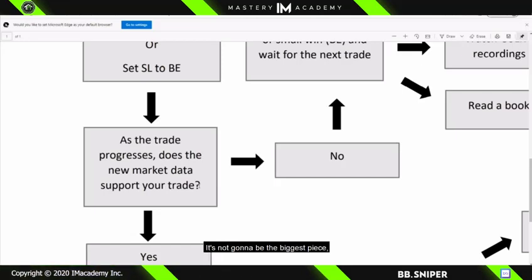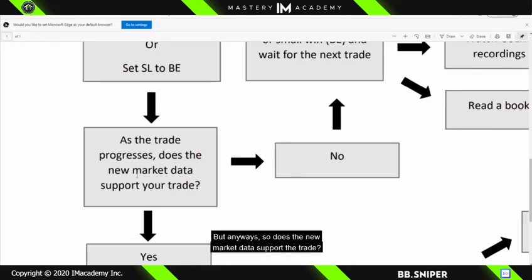It's not going to be the biggest piece, but it is a piece of the puzzle. A lot of people might not have the best trade management, and that could be the key that's holding them back from being a successful trader. So this is why we do this. You have to get through the boring stuff to get to the good stuff. That's just how it is.